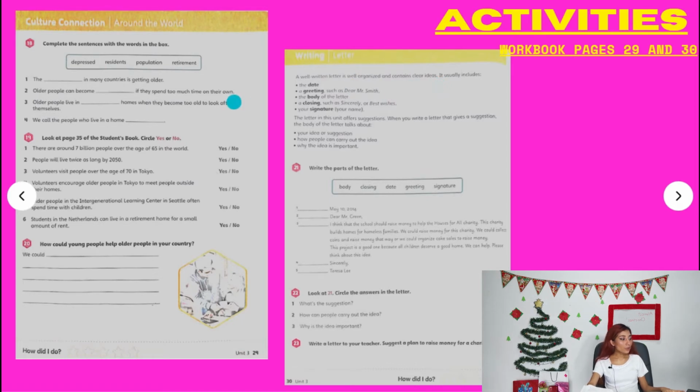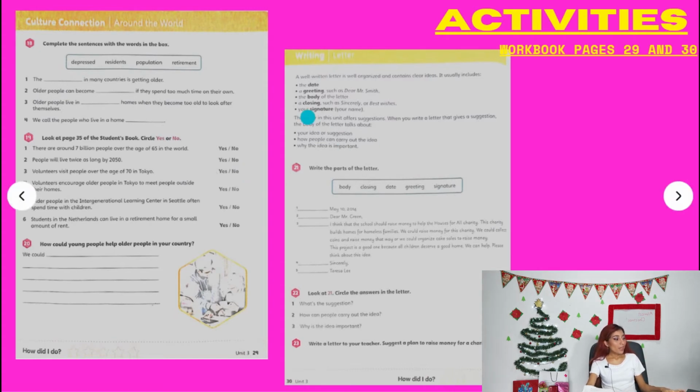It always includes the date, a greeting such as, Dear Mr. Smith, the body of the letter, a closing such as, sincerely or best wishes. It doesn't necessarily need to be yours sincerely or sincerely. It can be best wishes or something like that. Or for example, if you are writing a letter for a relative or a friend, you can say, love you always, or something like that.